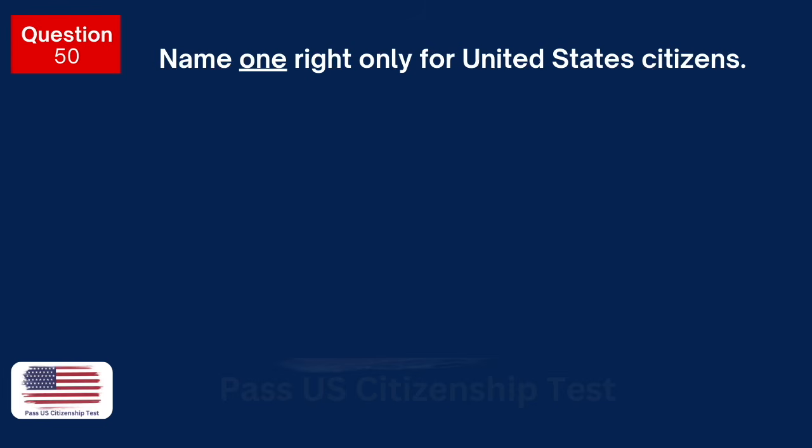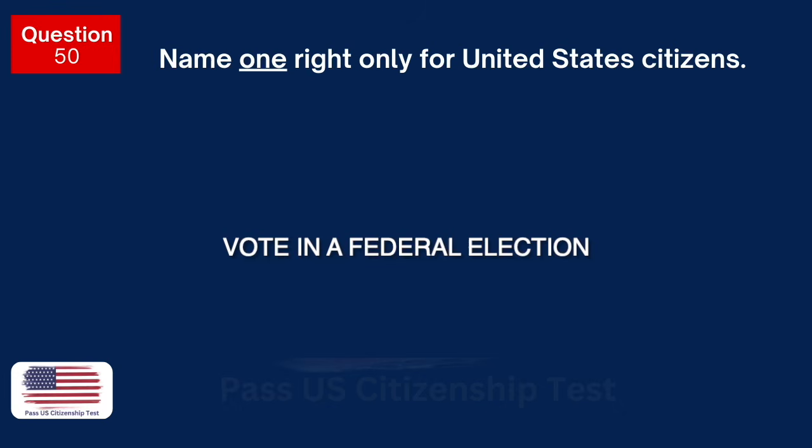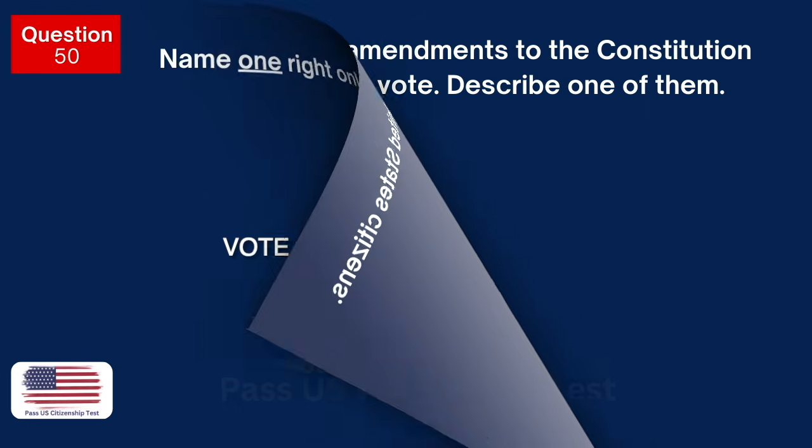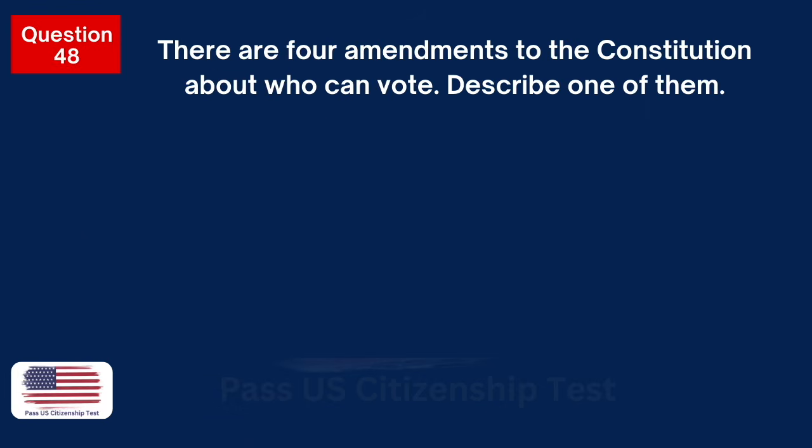Name one right, only for United States citizens. Vote in a federal election. There are 4 amendments to the Constitution about who can vote. Describe one of them.